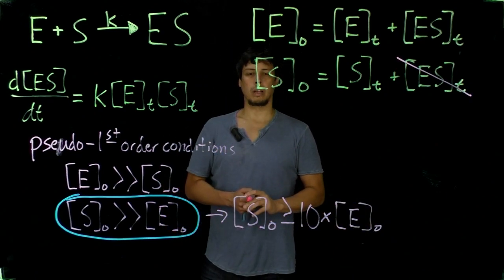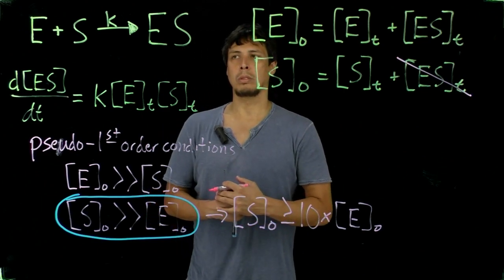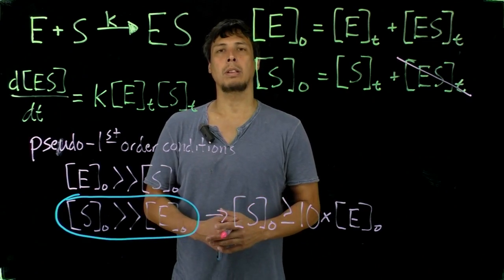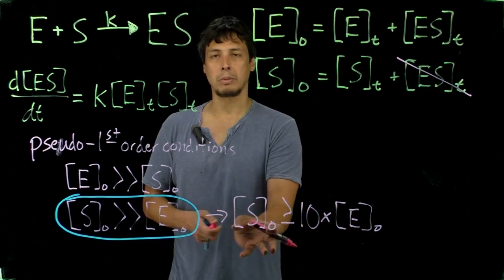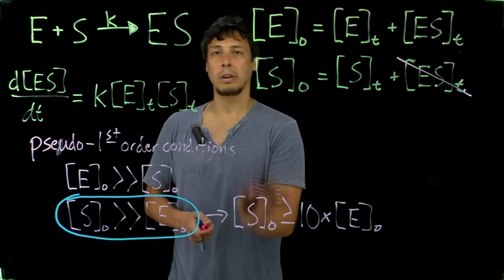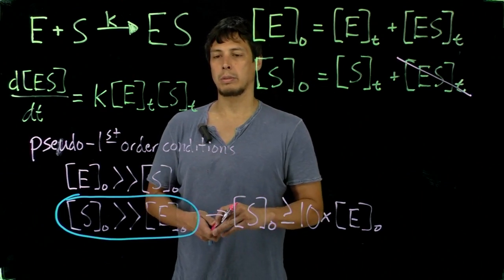So that's typically how we would set up our experiment to determine the rate constant. For instance, if we have 1 micromolar of enzyme, then we would have to have at least 10 micromolar of substrate or more in order to be in pseudo first order conditions.